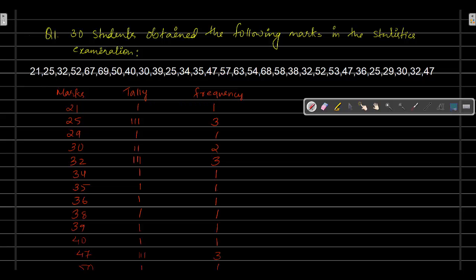So 21 and 69. Since it is marks, you can write on top of it the heading as marks, and you can write down not all the marks from 21 to 69, but only the marks that you see in the following numbers. So I see 21, 25, 29. It has to be in either increasing order or decreasing order.